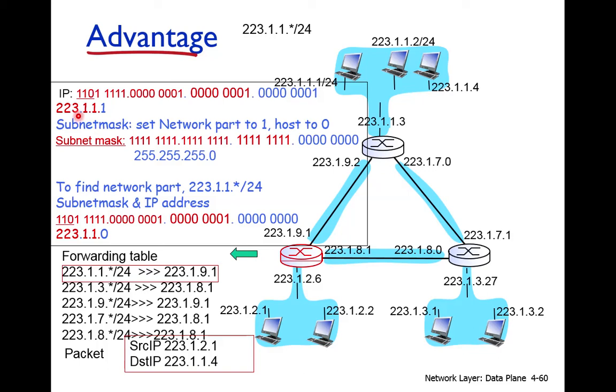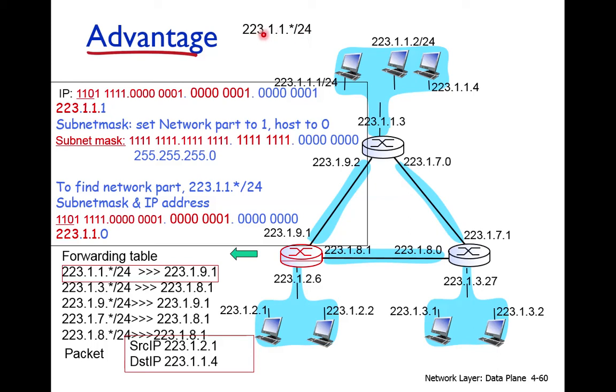We have discussed how the subnet mask of an IP address can be computed. Now if we have an IP address and a subnet mask, and we want to know the network number, for example, here the network number for these IP addresses is 223.1.1.0/24.